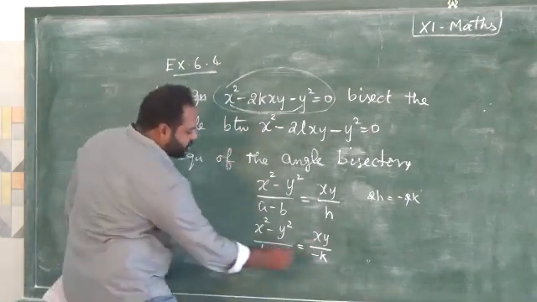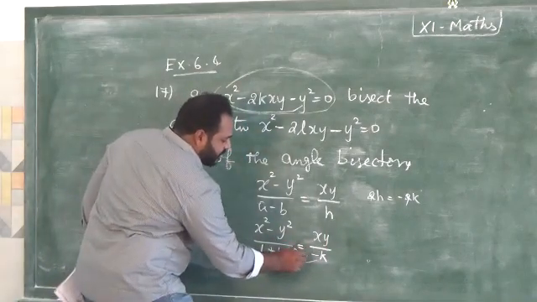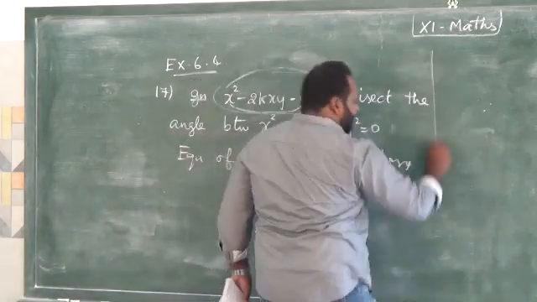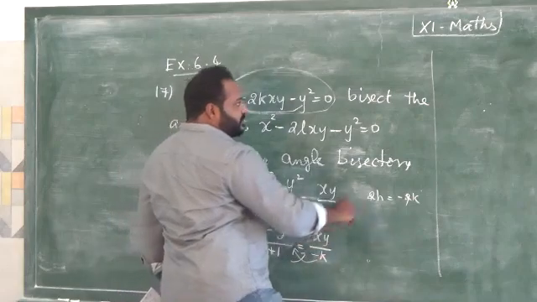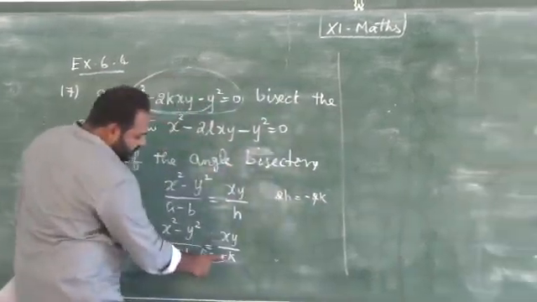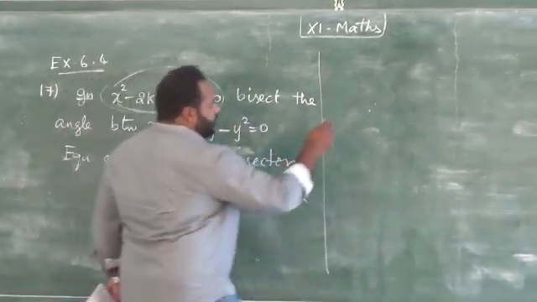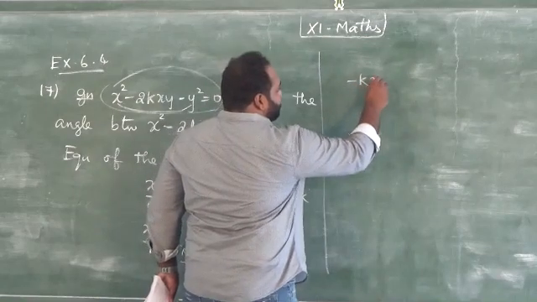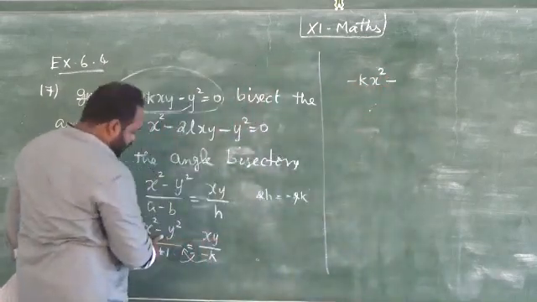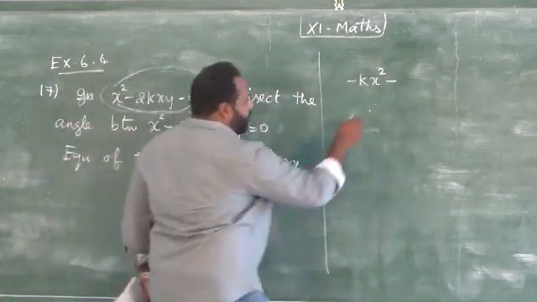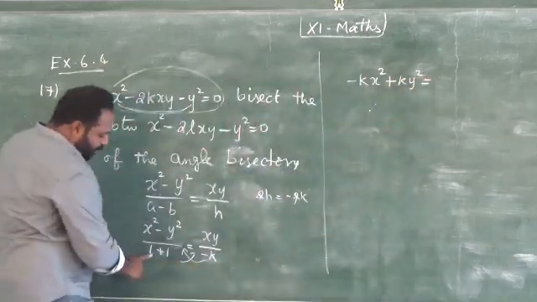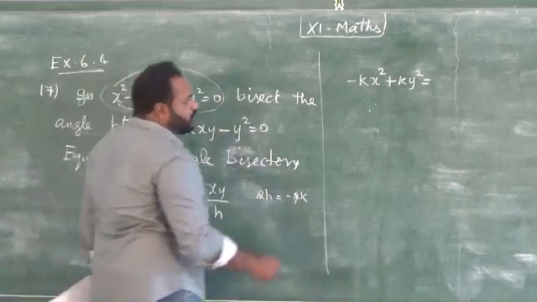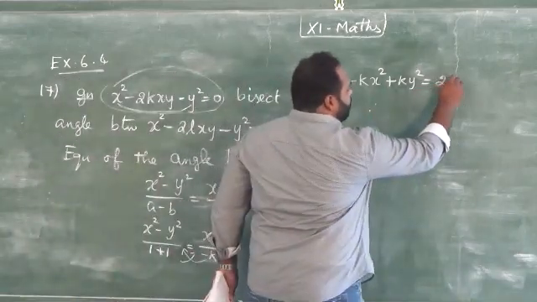Now just cross multiply the denominators. We get here 2. I am going to take this 2 this side and this minus to this side. It is multiplied with minus k: x square minus y square into minus k plus ky square equal to 1 plus 1, 2 into xy.